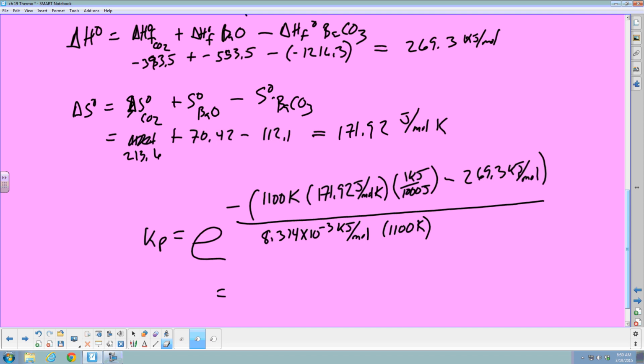That gives me an 8.768, but I have to take the negative of that, and I get E to the 8.768. What do I get? A number of 6426.